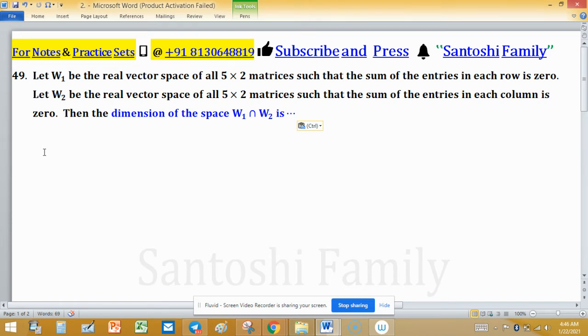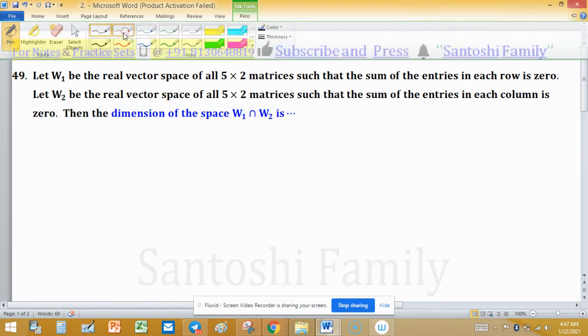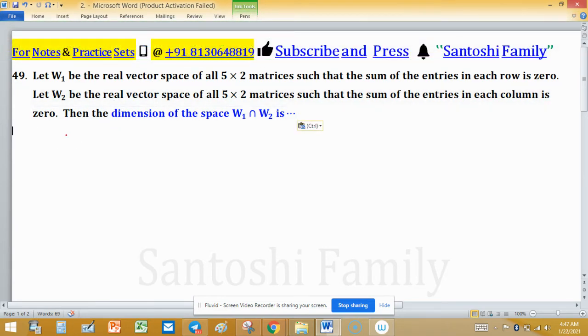It is also useful when matrices are given, or when the solution of a differential equation is given, because the solution of a differential equation forms a vector space. So this concept is more general and easy.